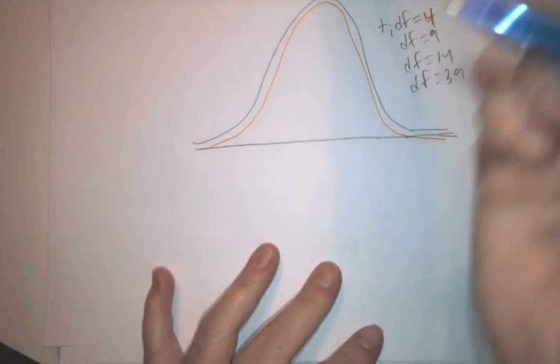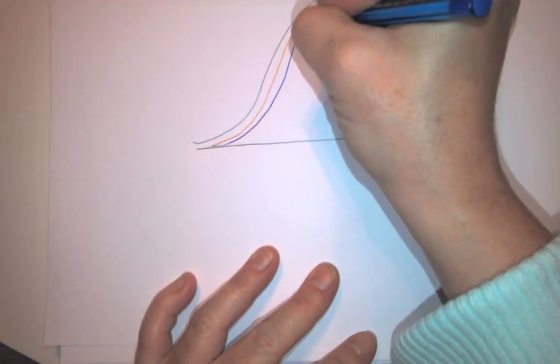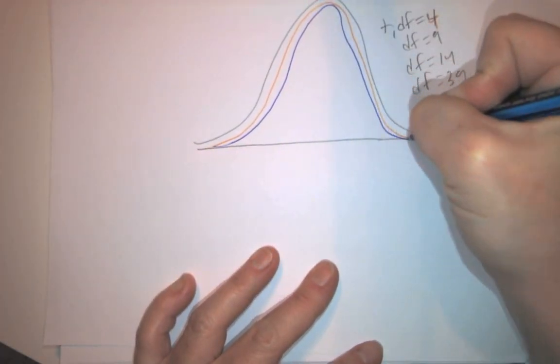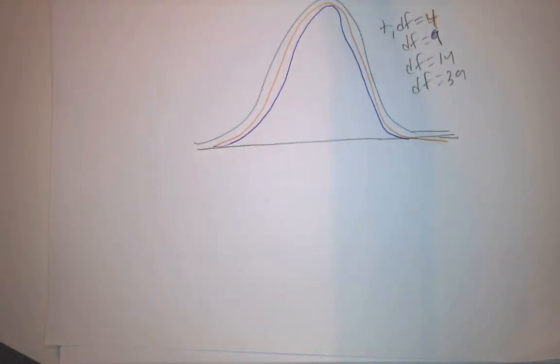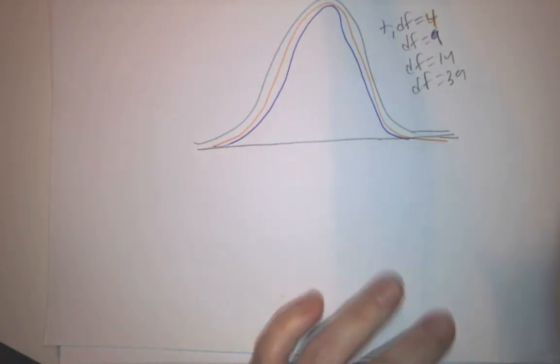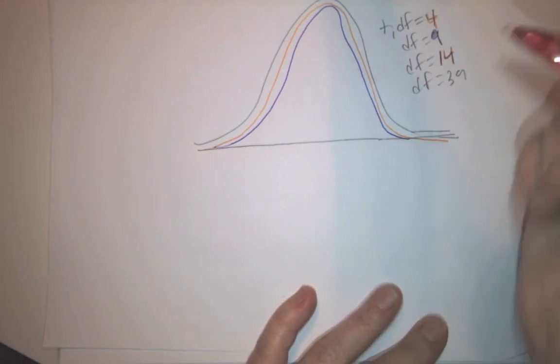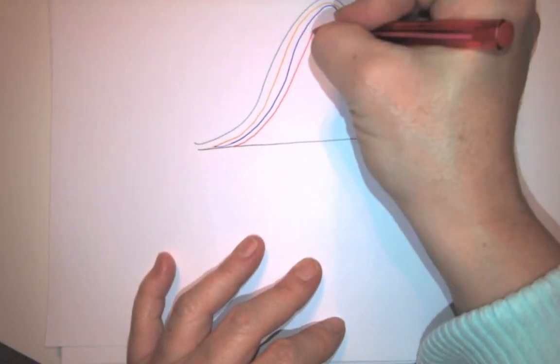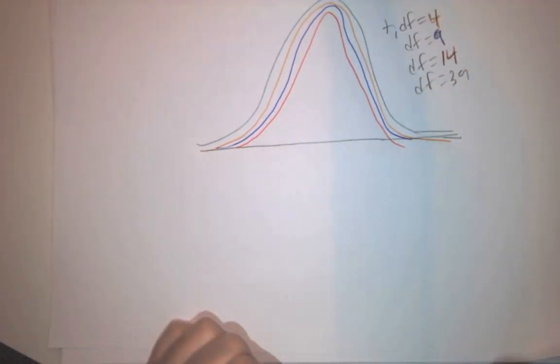So when I am doing a sample and it is small, I use these assumptions rather than the z-score and the central limit theorem to find out what my confidence interval is.